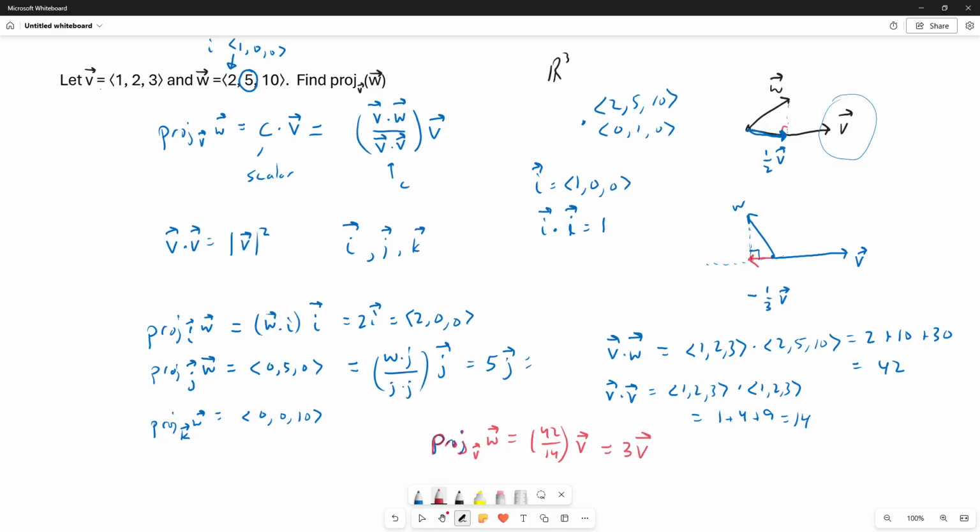It's 3v. 42 over 14 happens to be 3. So 3v is, multiply this by 3. So 3 times the vector 1, 2, 3 is the vector 3, 6, 9. So there it is. The projection of w onto v is 3 times v in this case, the vector 3, 6, 9.